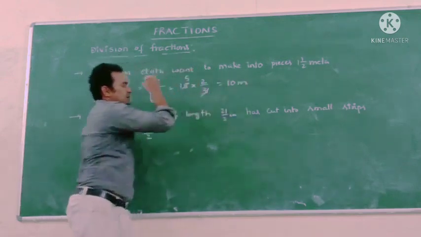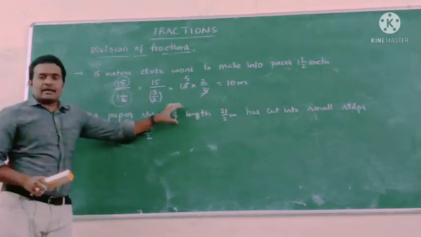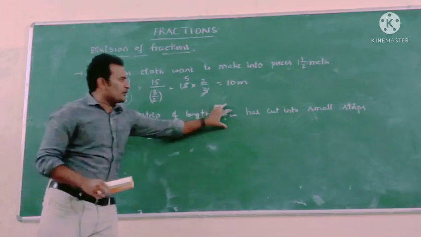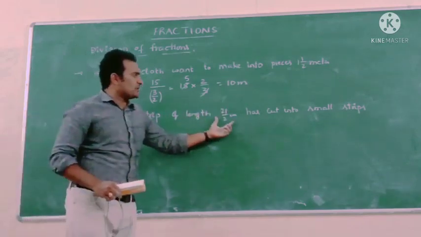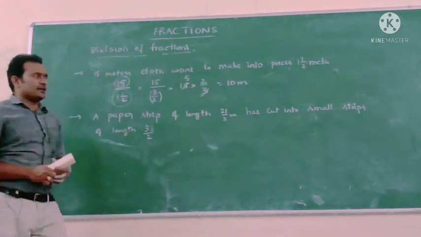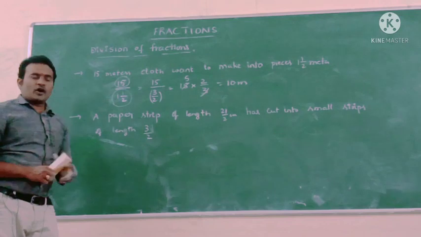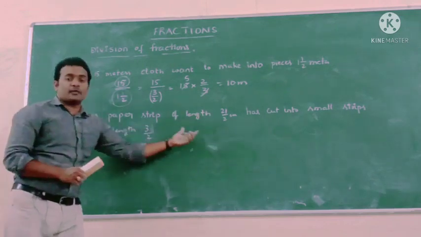In the same way, a paper strip of length 21 by 2 centimeters is cut into small strips of length 3 by 2.